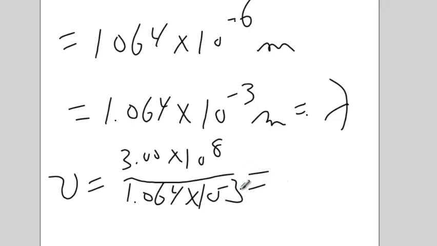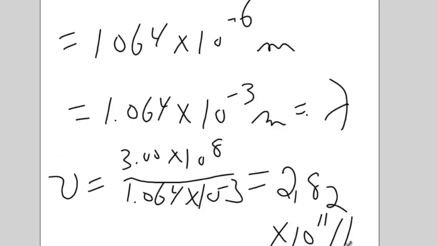Plug that into my calculator, and I get 2.82 times 10 to the 11th, and this is frequency, so my unit is hertz. And that's all it is. It's a plug and chug. No matter what I give you, frequency or wavelength, you simply use c equals lambda nu and solve it. And that's beautiful, and it works gorgeously.